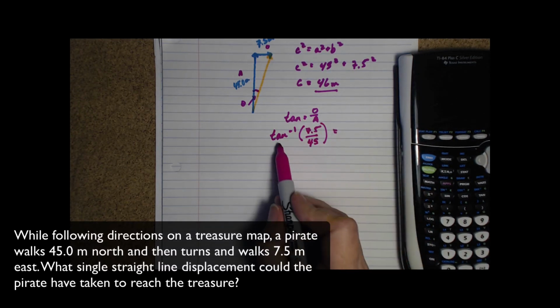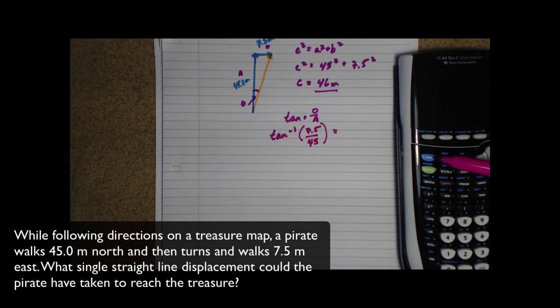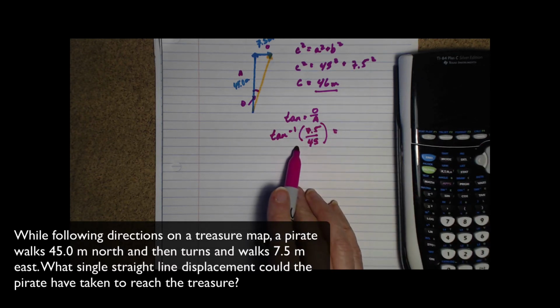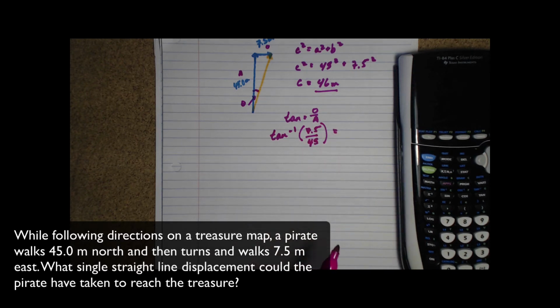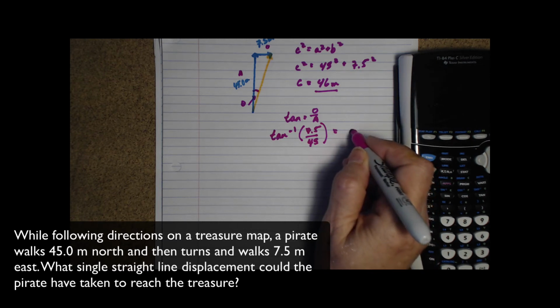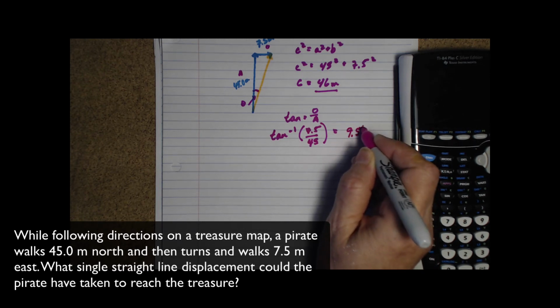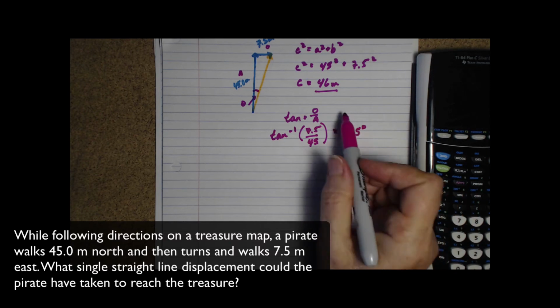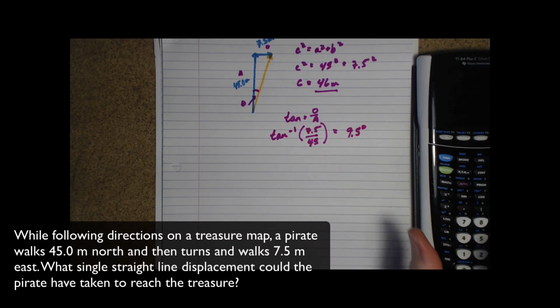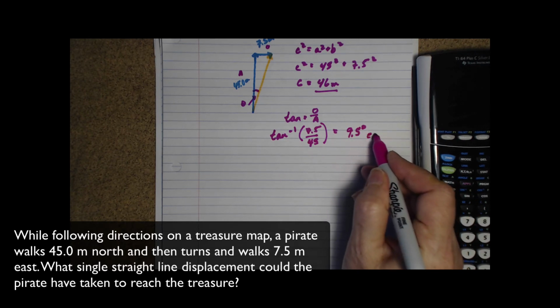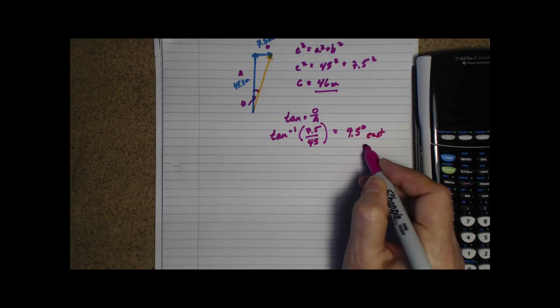Okay, so arctangent, second tangent, it'll give you parentheses, 7.5 divided by 45, close parentheses, and you should get an answer of 9.5 degrees. So the pirate could have walked 46 meters, 9.5 degrees east of north.